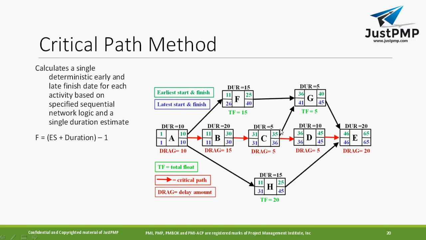Based on this diagram, I will come to know here it is 36, because I am explaining the critical path method. We'll come to know why it becomes 36 instead of 25.